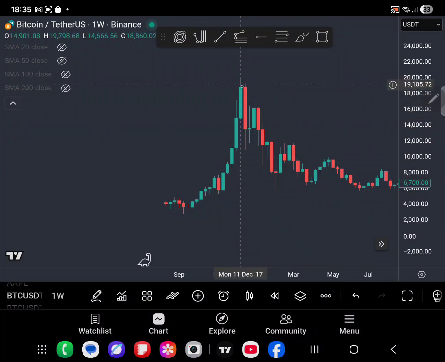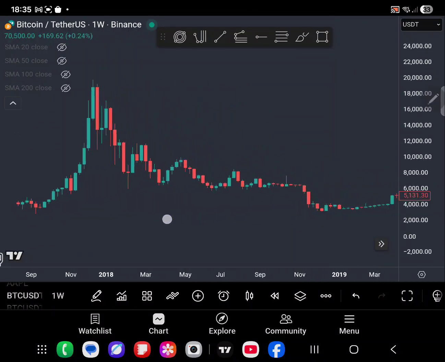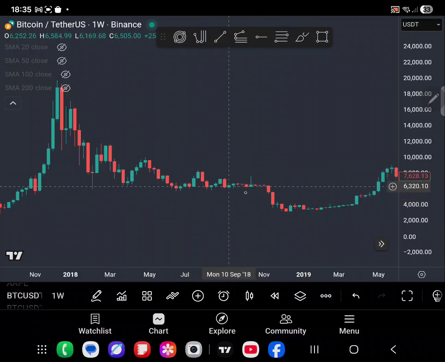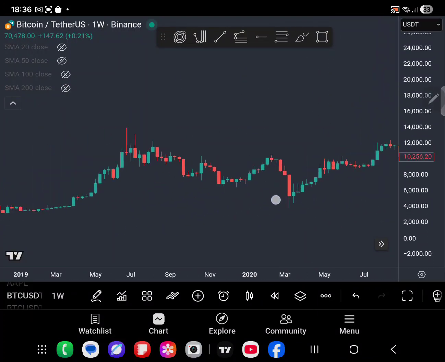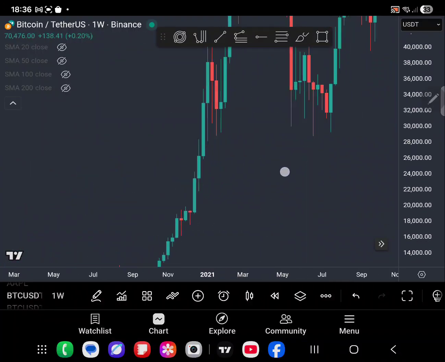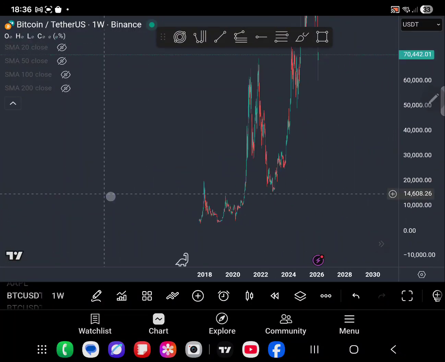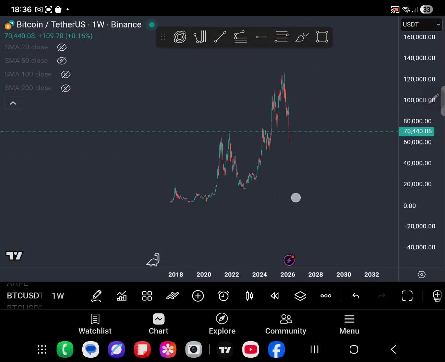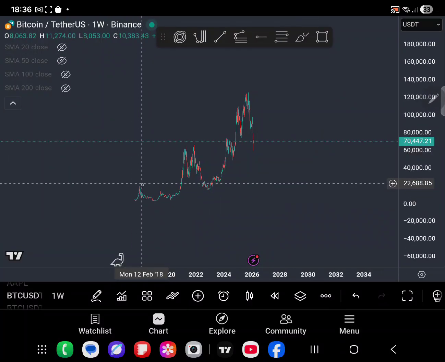It had a good run up, and then it had a big drop, and it came down almost 80%, 90%. And then it's been going all over the place. It's been a massive roller coaster. But you notice it's gone up and down.